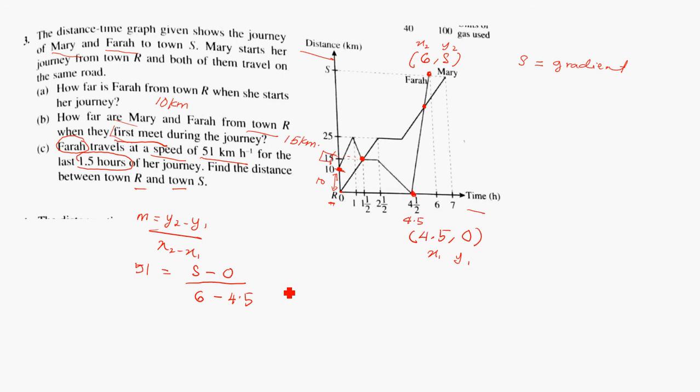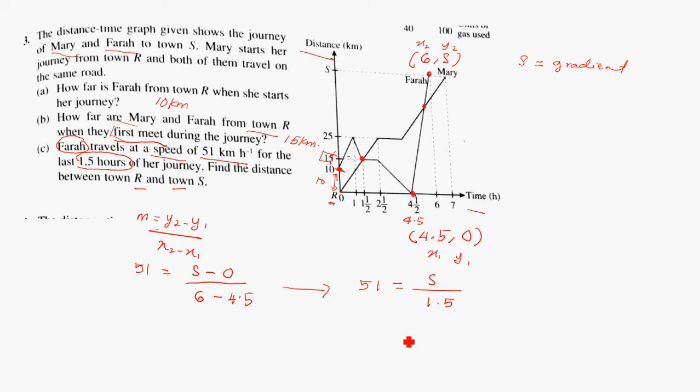So from this, 51 equals s over 6 minus 4.5, which is 1.5.